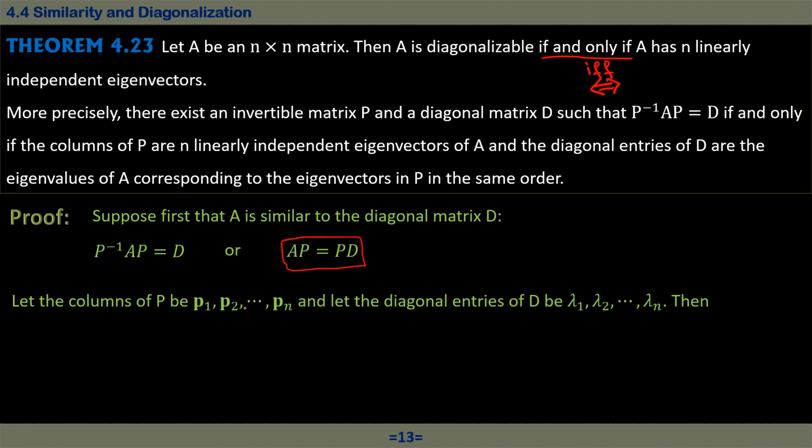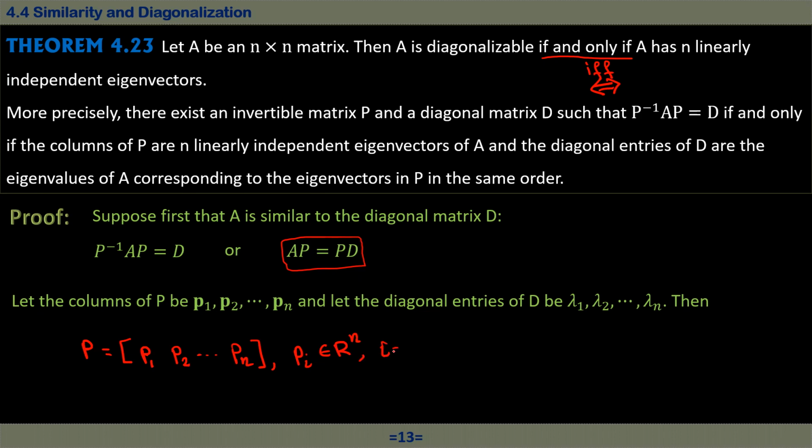Now suppose that the columns of P are p1, p2, ..., pn. We are just partitioning matrix P in this way. The first column is vector p1, the second column is vector p2, and the nth column is vector pn, and these vectors are from n-dimensional space.